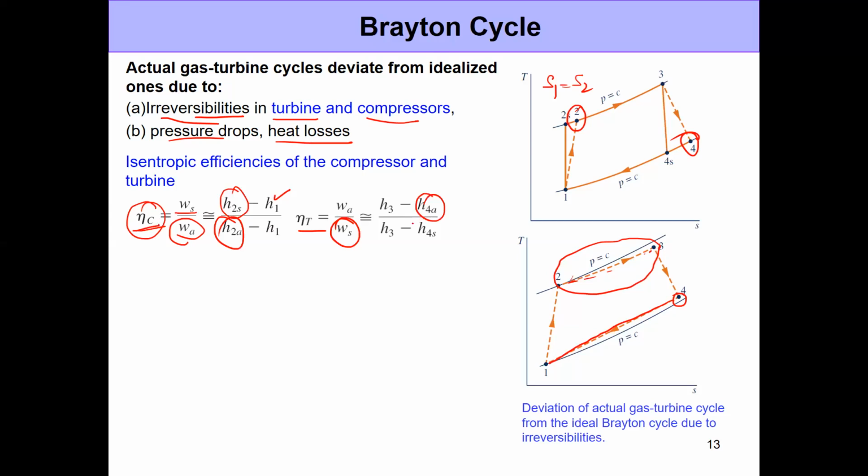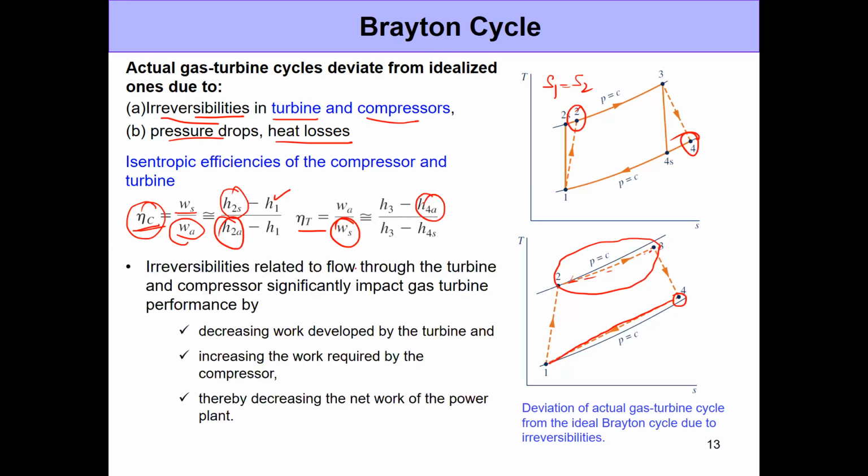the turbine. The reason we want to consider the irreversibilities that exist in the turbine and the compressor is because they impact the overall performance of the gas turbine significantly. The irreversibilities within the turbine end up reducing the work output of the turbine for an expansion over a given pressure range. In the same way, the irreversibilities within the compressor increase the work input that's required to compress a given amount of gas over the same pressure range.